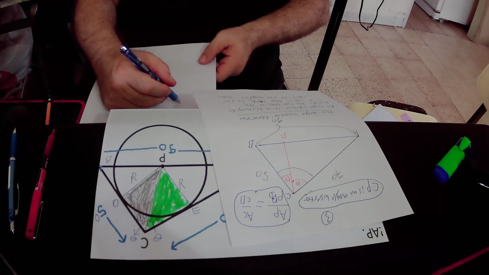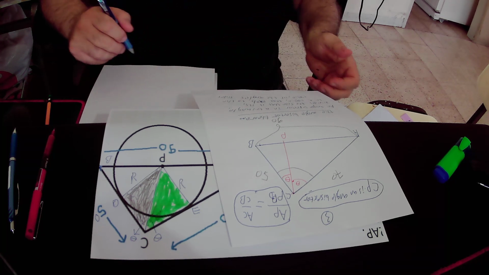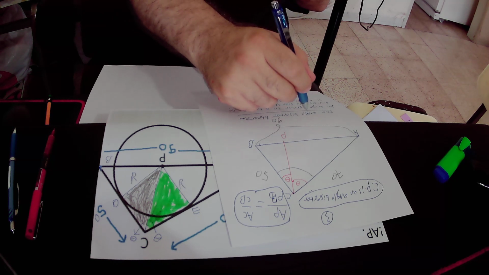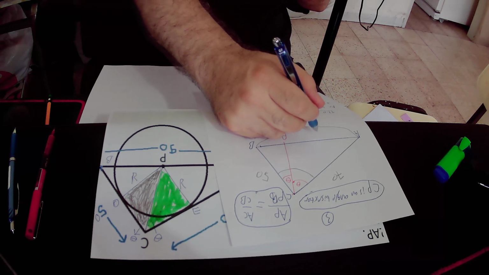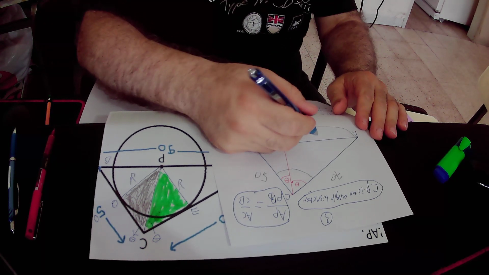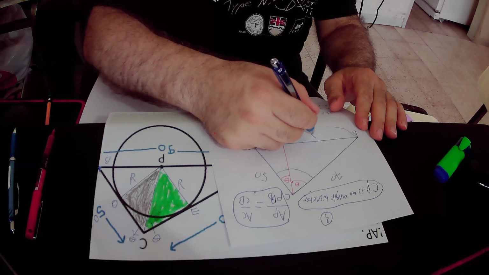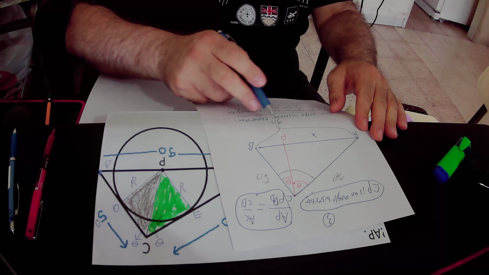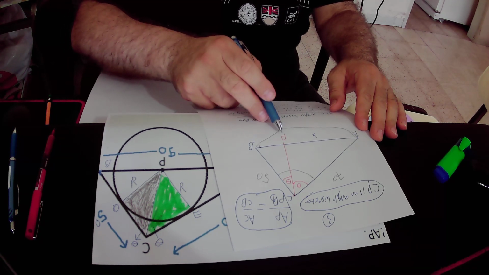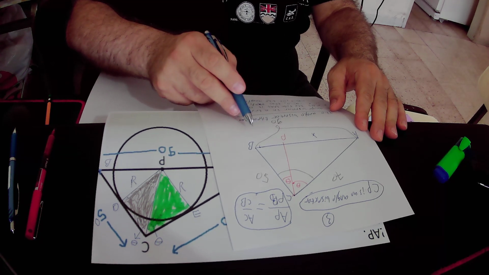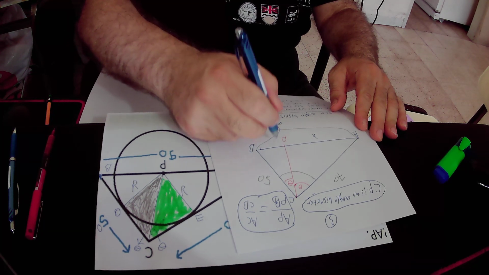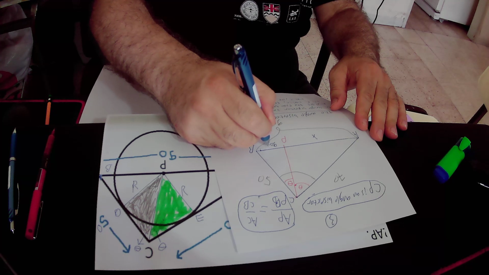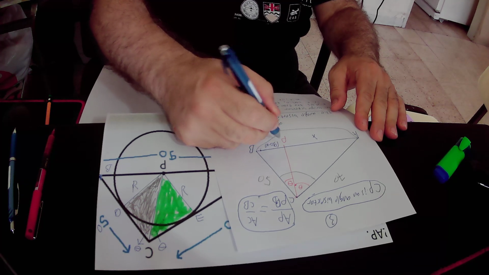And actually, if we define AP as X, then PB will be AB minus AP, that is to say 90 minus X, because AB is equal to 90.